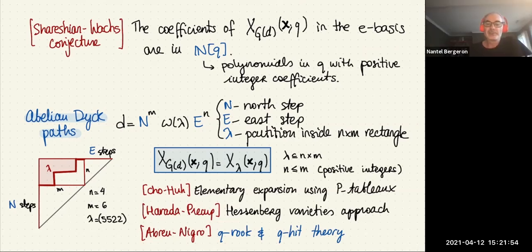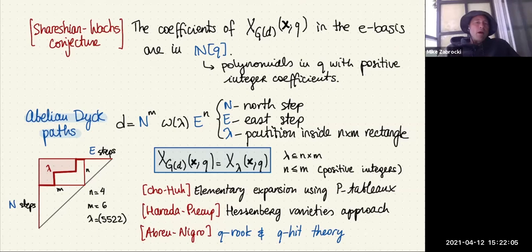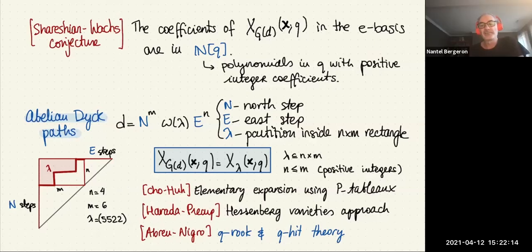Yeah, she just said lambda is included in n by m, not that it's fully n parts positive. Yeah, right. But my first question was whether lambda is forced to touch the m line. Yeah, but I think that she answered yes, but she means no.